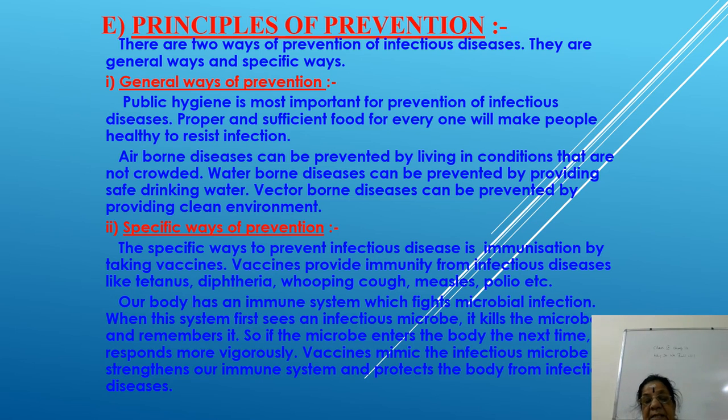I will explain antigen and antibody in the next video. So if the microbe enters the body the next time, the system responds more vigorously. Vaccines mimic the infectious microbe, and it strengthens our immune system and protects our body from infectious diseases. I hope you are able to follow this.